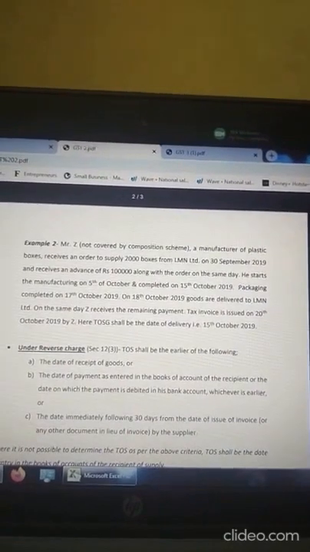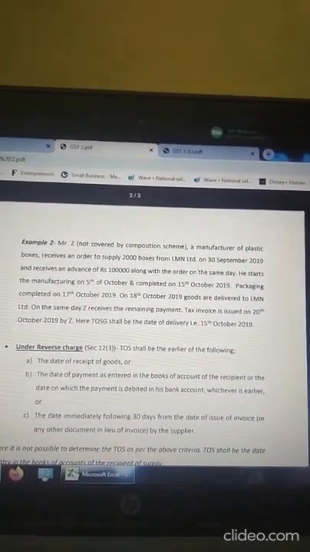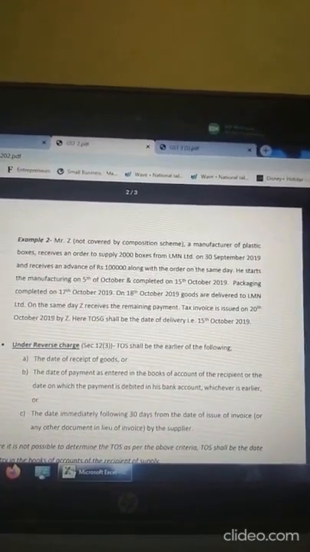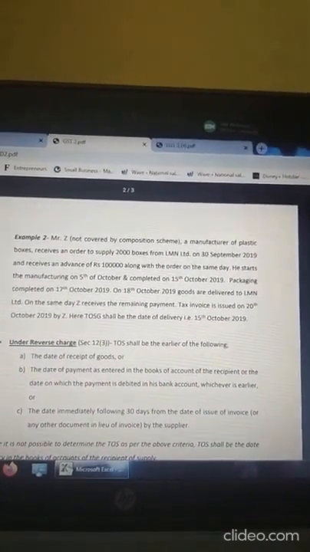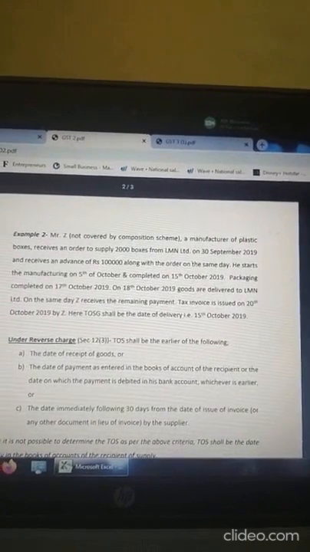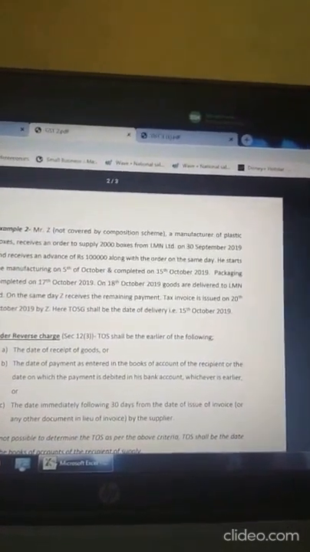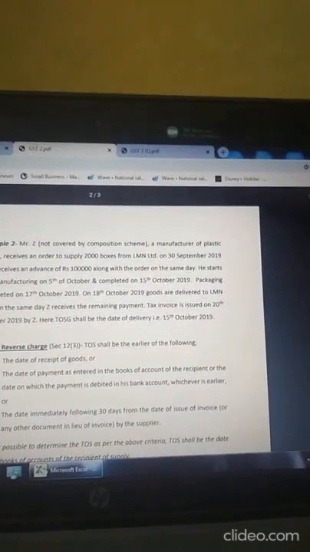He starts manufacturing on October 5 and completes the order on October 15. Packaging is completed on 17th October. On 18th October, goods are delivered to LMN Limited. On the same day, he receives the remaining payment. The tax invoice is issued on 20th October 2019. Here, the time of supply of goods will be the date of delivery, that is the 15th of October.